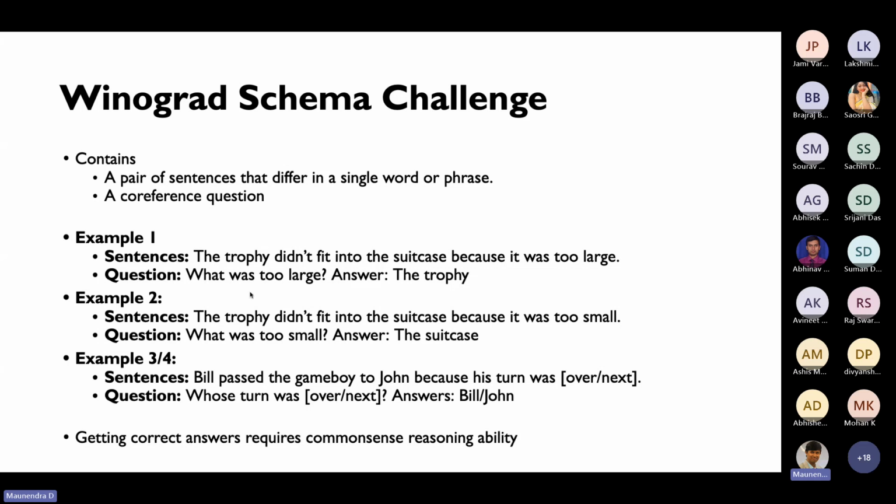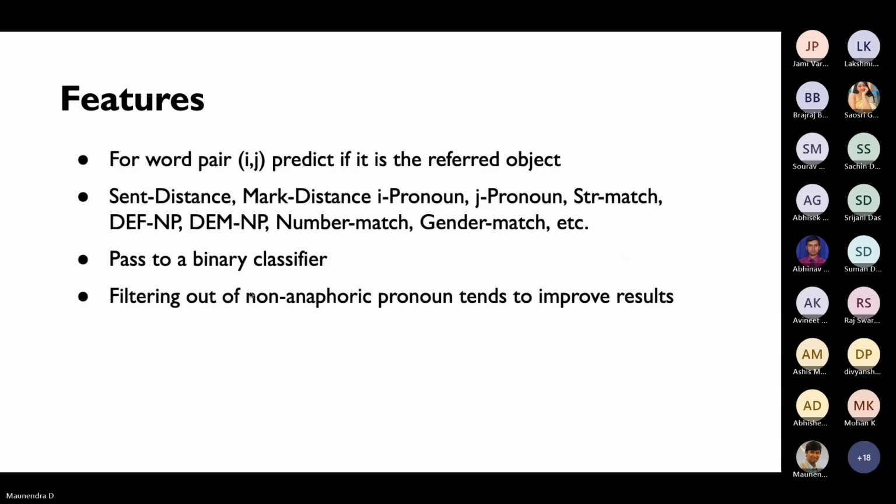This is also used to evaluate the power of many of the modern models which are being proposed for language understanding, text embedding, and so on. We concluded by looking at some features that can be used for a feature-based algorithm for co-reference resolution. So today, in the first part of the lecture, we'll look at some neural algorithms for co-reference resolution. We'll also look at some evaluation metrics to measure the performance of these co-reference resolution algorithms.